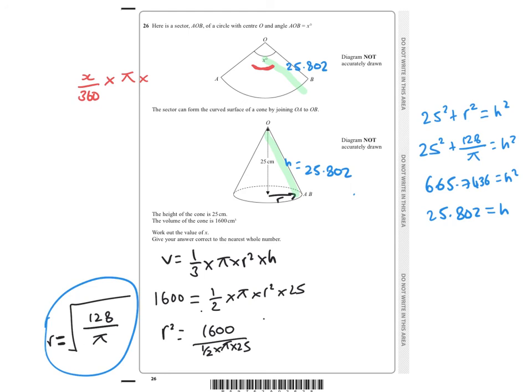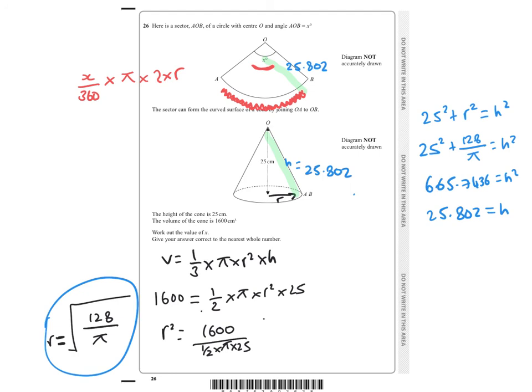Now, in actual fact, we can find this bit here, which means we're going to be finding the circumference. So this is pi times r.